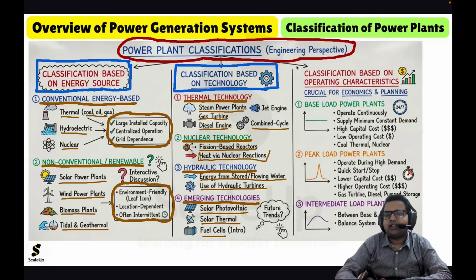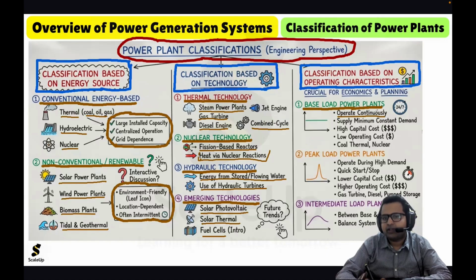Now we can also classify power plants based on operating characteristics. And this is a very important discussion, especially from the context of economics and planning. So we have base load power plants. What is their objective? Their objective is to operate continuously. Their goal is to supply power continuously 24 by 7, supply minimum constant demand.